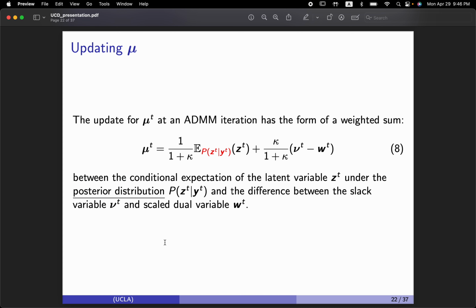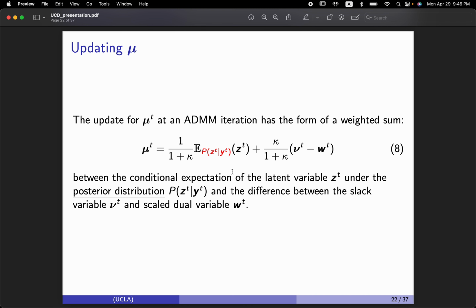Okay, so next I'm going to provide a few comments on the details of the updates. For updating the prior parameters mu, we essentially have a closed-form solution for the update of mu t, which is a weighted sum between the conditional expectation of the latent variable zt and the difference of the slack and the scaled dual variables.